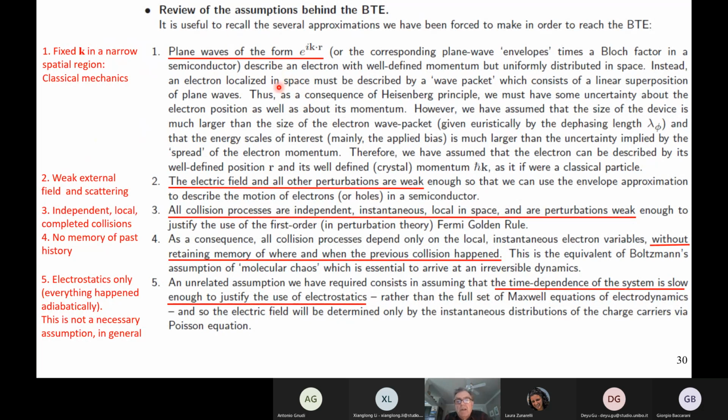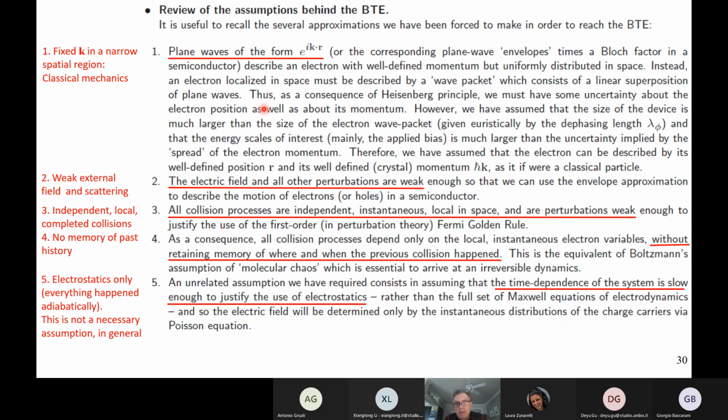These are assumptions that do not deal, so I have not listed here necessarily the various approximations that were made to go from the Von Neumann equation, so the quantum transport equation, to the master equation. These are different.